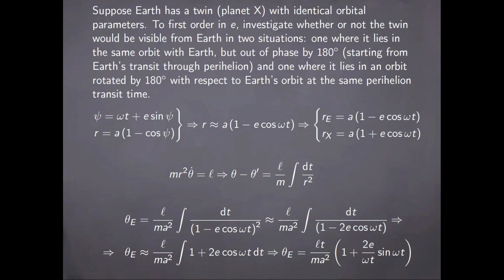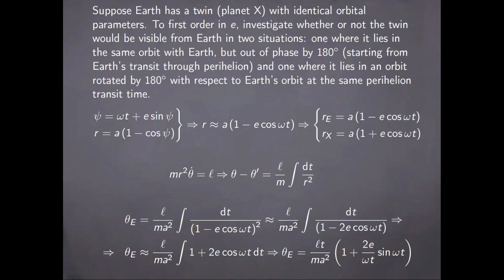So here, when we open up this binomial, we simply neglect the square term in the eccentricity, and then when we perform a Taylor expansion here, assuming that this is a small quantity, we obtain the result here.